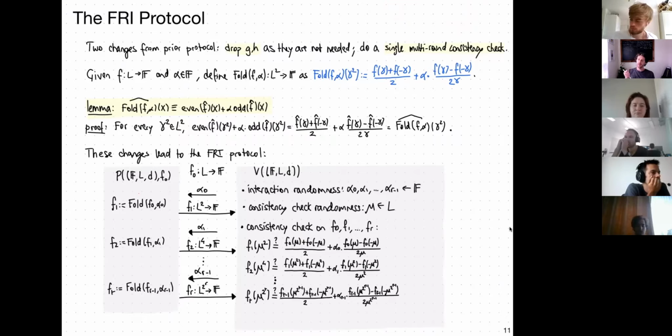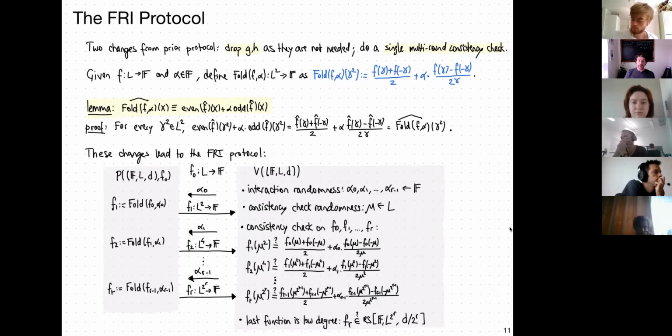So instead of having a fresh mu for each function, we'll check all of them in a correlated way using elements which have this shared structure. The last function that we get, we need to check that it's of low degree, but because we did this for a long time and each time we cut the size by a factor of half, we can just read the entire thing because it's of constant size.